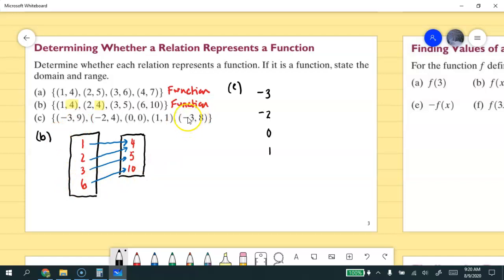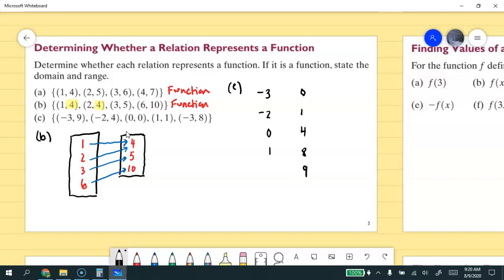Notice how -3 is mentioned again. We're not going to write the -3 again, but this is probably going to become your issue. Now let's look at the numbers in the range: 9, 4, 0, 1, 8. Let's write the smallest one first. We'll start with 0, then 1, then 4, then 8, and then 9.